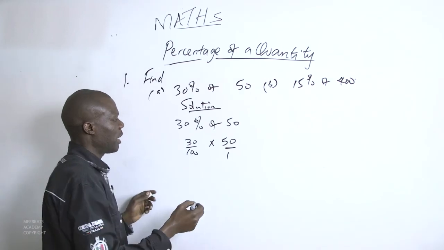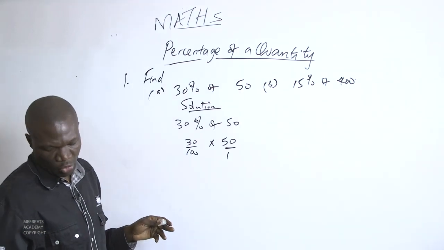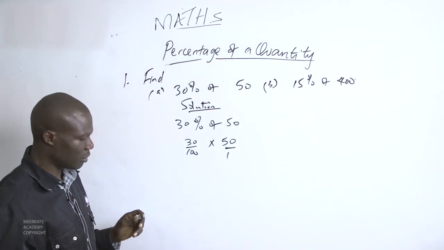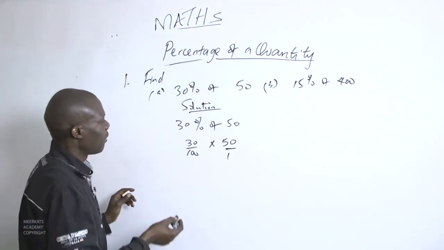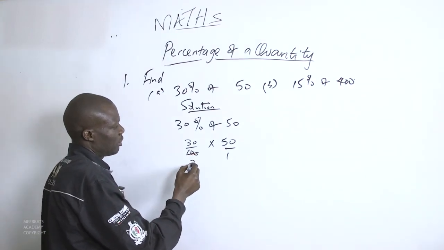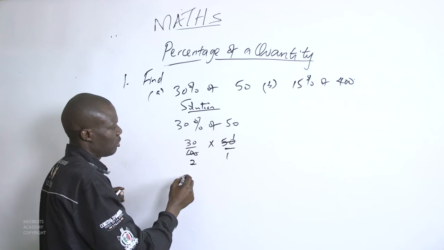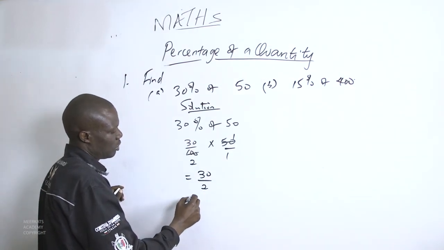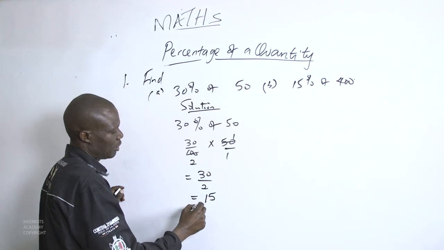When you are multiplying this out, we need to simplify it as much as possible. You'll notice that 50 goes into 100 twice, and 50 by 50 is 1. So it will remain with 30 over 2, which equals 15.